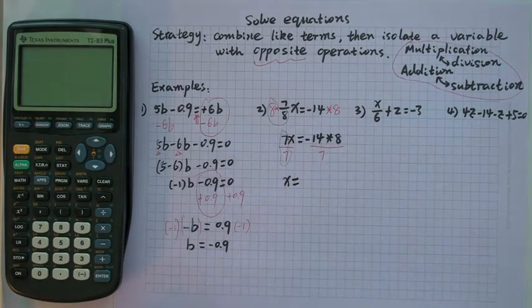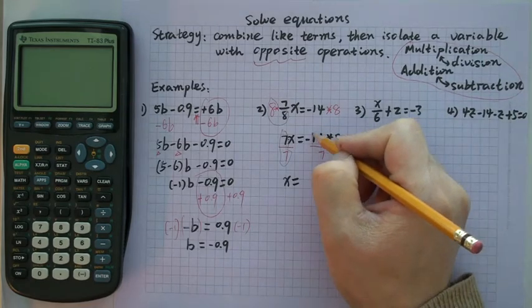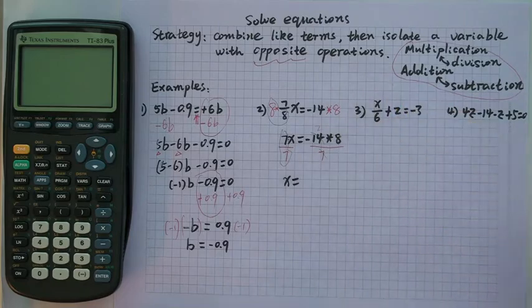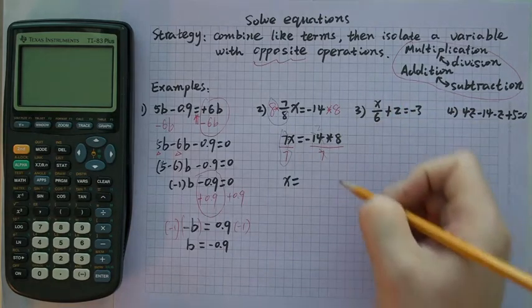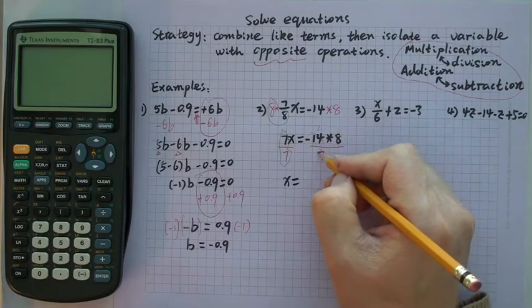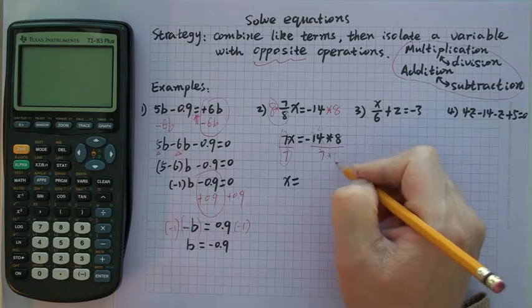On the right-hand side, 14 divided by 7 is 2. You may say that after cancelling, downstairs is 0. It's not, because previously 7 was 7 times 1.